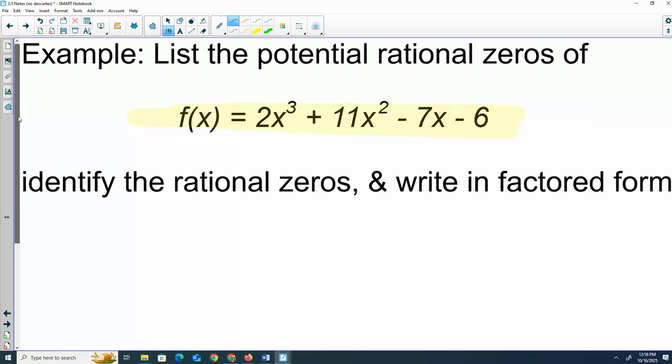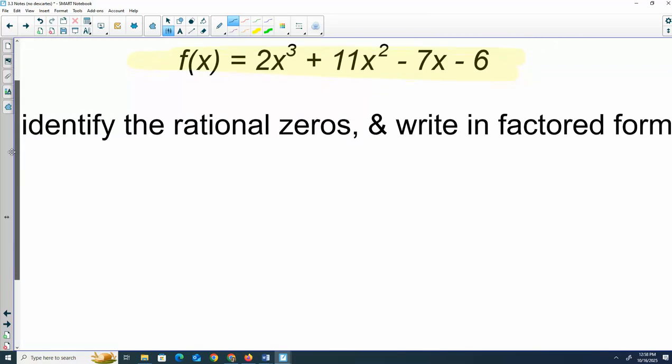So my polynomial is 2x cubed plus 11x squared minus 7x minus 6. And I have to somehow factor this and find the zeros without me giving you a starting point. So what we are going to do is make a list for the p, the q, and our possible zeros. Okay, based on what we just wrote down, what is p?